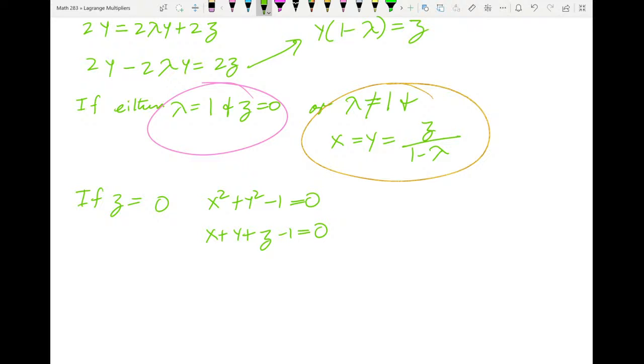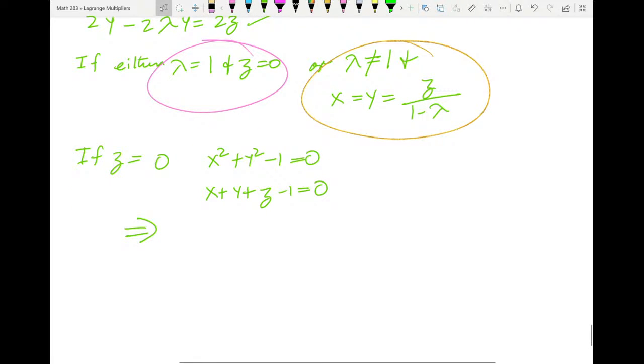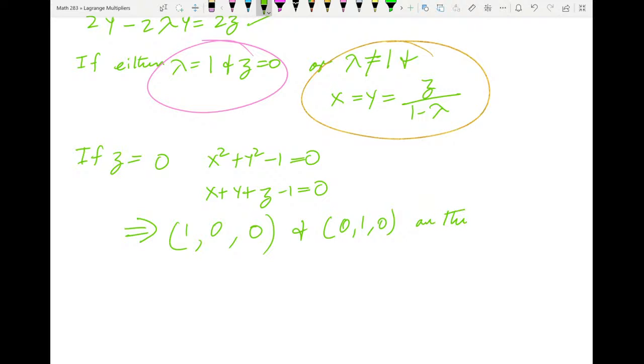So if z equals 0, what happens next? What are the points you get on the ellipse? You could solve for that, and from that you'll get (1, 0, 0) and the other one is (0, 1, 0) on the ellipse.